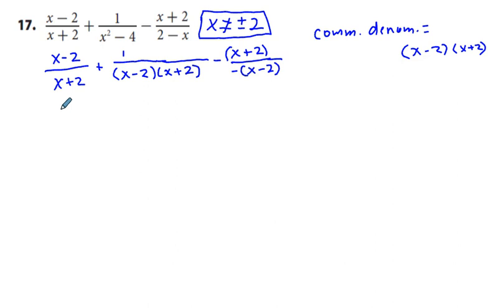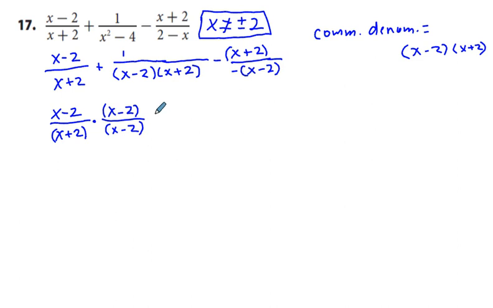Our first one, we're going to say x minus 2 over x plus 2. But to work with our common denominator, we're going to have to multiply this by quantity x minus 2 over x minus 2. And so there we have our first fraction with the common denominator set up.